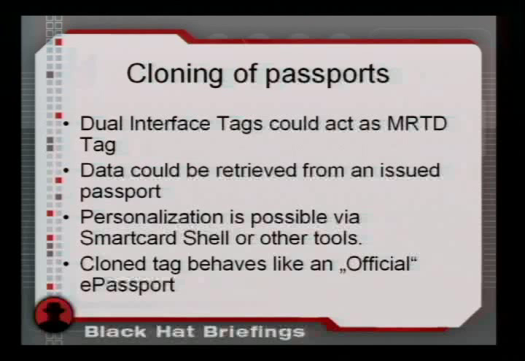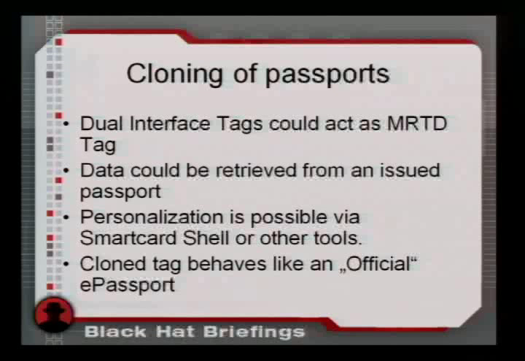So let's come to a specific part of this presentation. We have spent some time to make it possible to clone these passports. We have here some standard dual interface tags. They are using a JCOP. This is a BlackHat operating system.